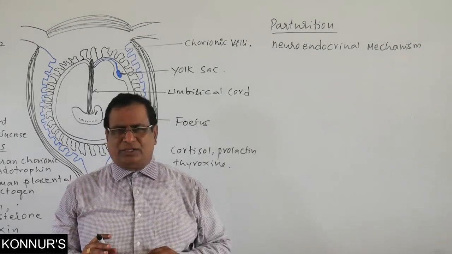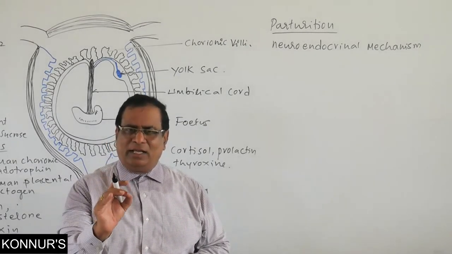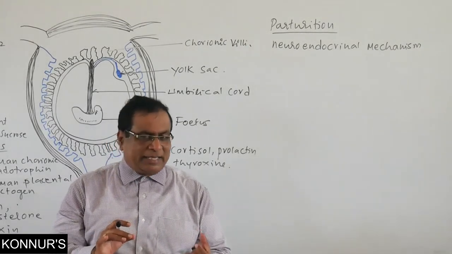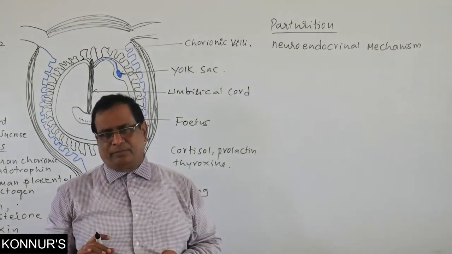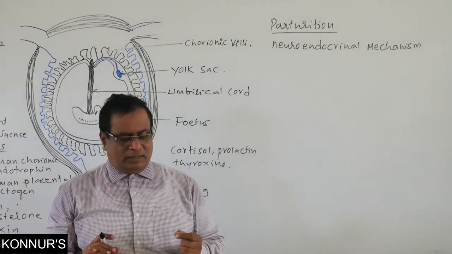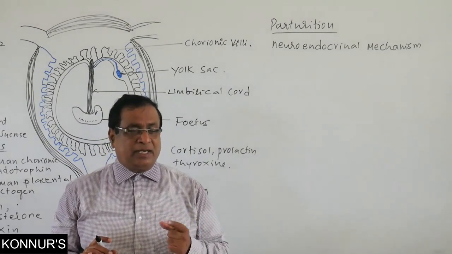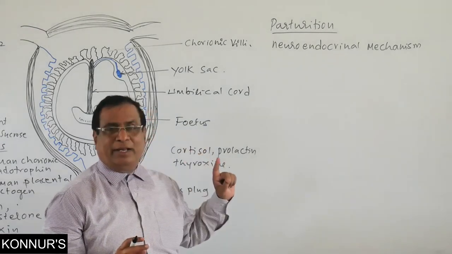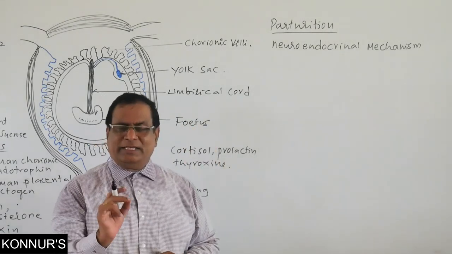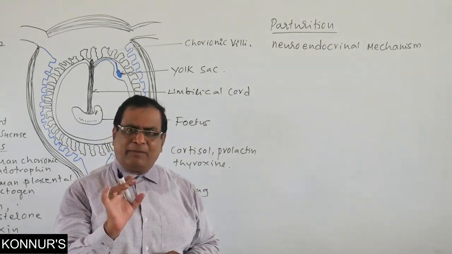In parturition, the first signal is given by the fetus and placenta. Once the fetus is completely developed, a first signal for delivery, parturition, is given by the fetus and the placenta.